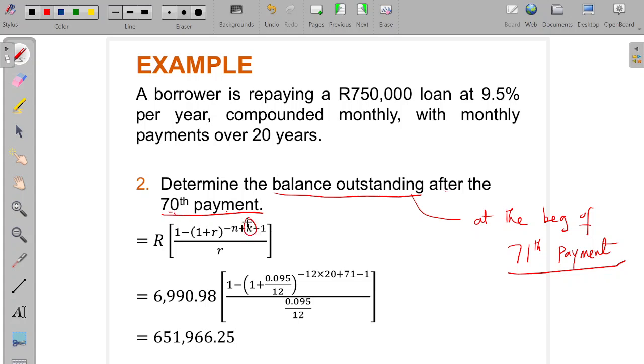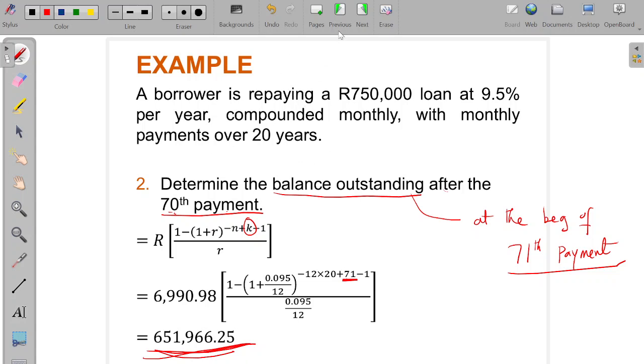We use that formula for balance outstanding, and we get this. So our balance outstanding at the beginning of the 71st payment, or after the 70th payment, is given as that.